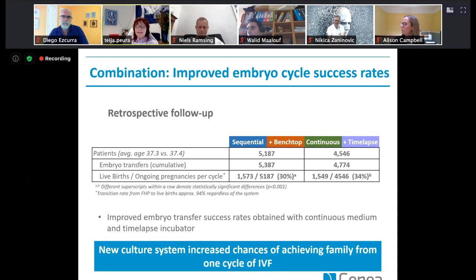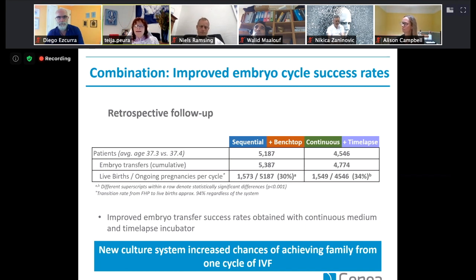Also, the pregnancy rates were significantly higher in this new system. And that, of course, means higher overall cycle success rates. And it means that this new culture system increases chances of achieving family from one cycle of IVF.